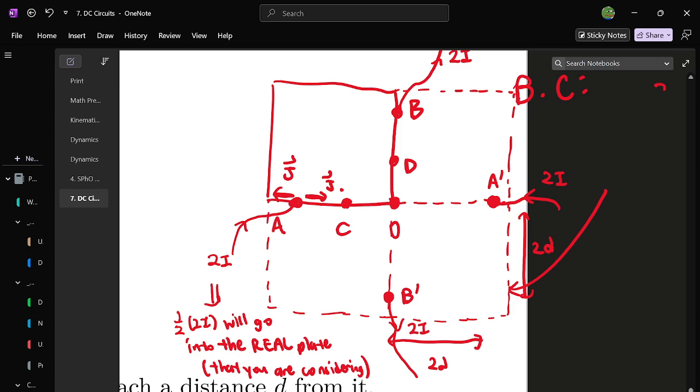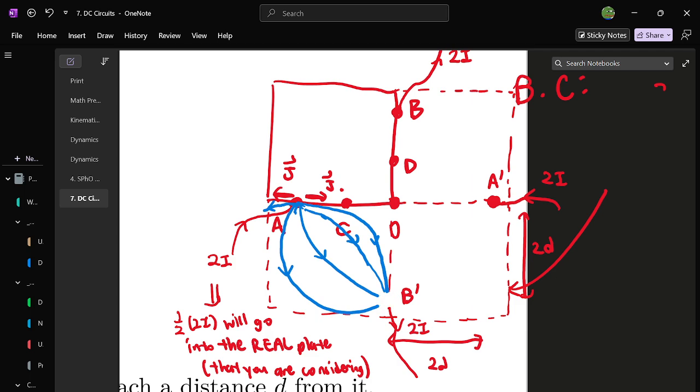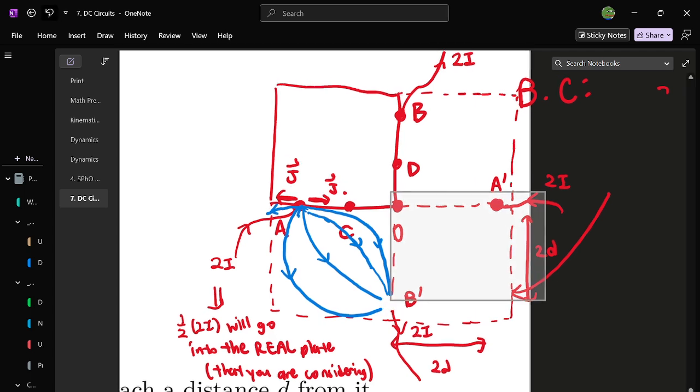you actually get something like that. Imagine I'm drawing a few lines. If you draw current density, it's going to look like that, something like that. I'm not very good at drawing, but yeah.